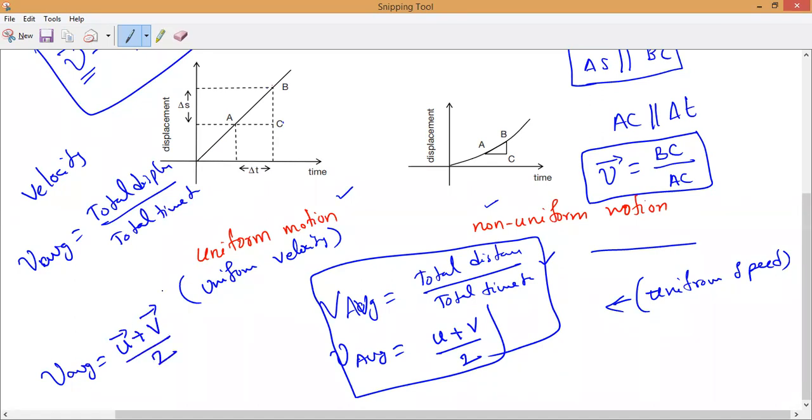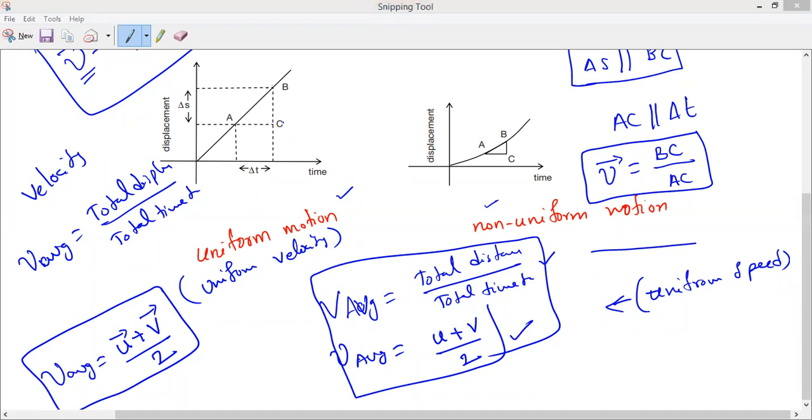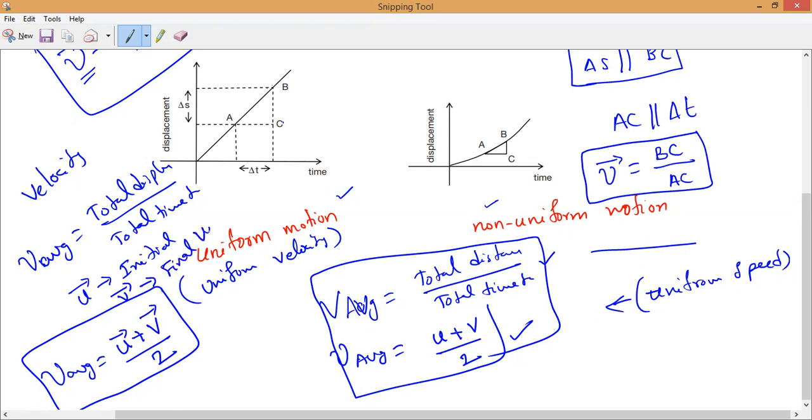So I am mentioning arrows for velocity. Have you noticed it? I am mentioning an arrow for velocity, but for speed I am not mentioning any arrow. That is the difference between them. So U arrow means initial velocity, and V arrow means final velocity.